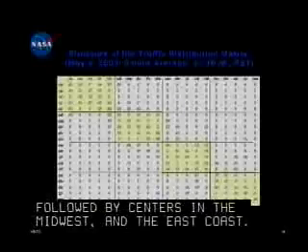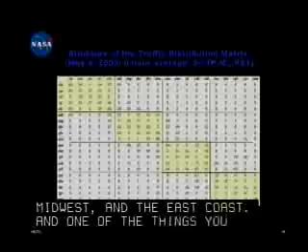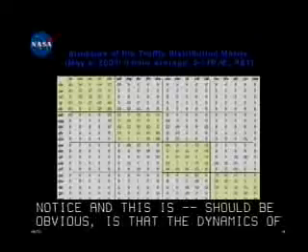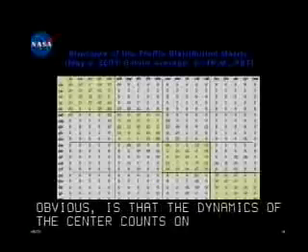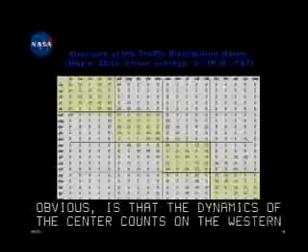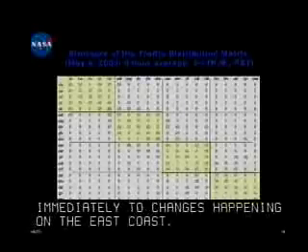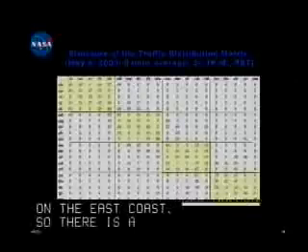One of the things you can notice, and should be obvious, is that the dynamics of the center counts in the western states do not change immediately to changes happening on the East Coast. So there is a natural time scale to the problem. Next view graph, please.